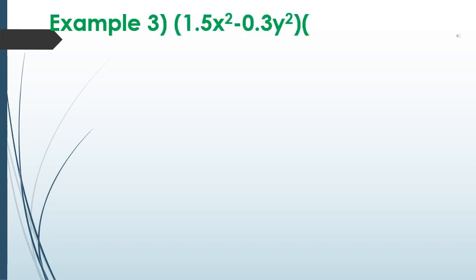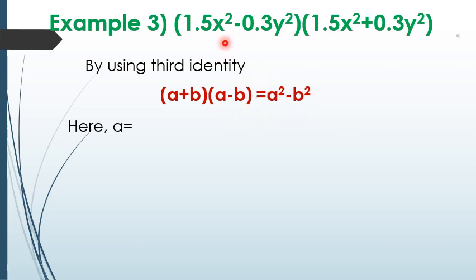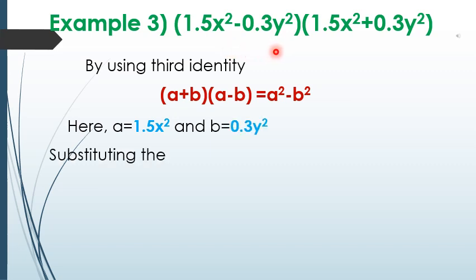Example 3. 1.5x square minus 0.3y square into 1.5x square plus 0.3y square. We should use our third identity, that is (a plus b) into (a minus b) is equal to a square minus b square. Here a is equal to 1.5x square and b is equal to 0.3y square.